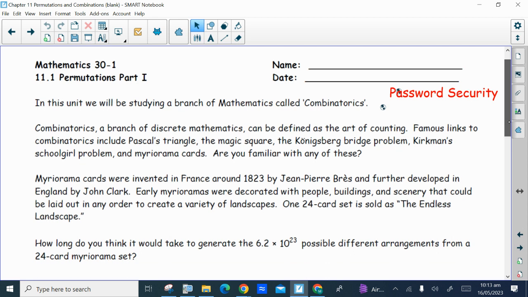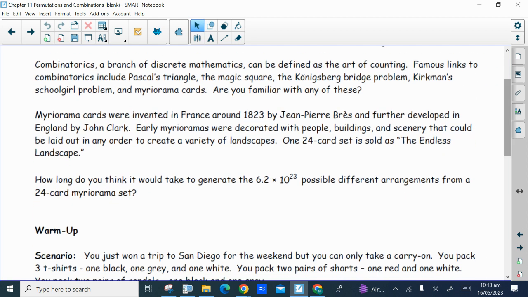And that number is 6.2 times 10 to the 23. So 6, 2, then 22 zeros after it. So that would be the number of arrangements of any combinations of 1 to 24 of those cards. So not only are you changing how many cards are selected, but also the order that they are arranged in.